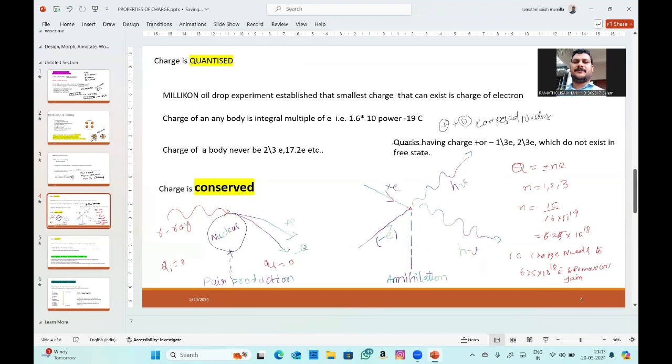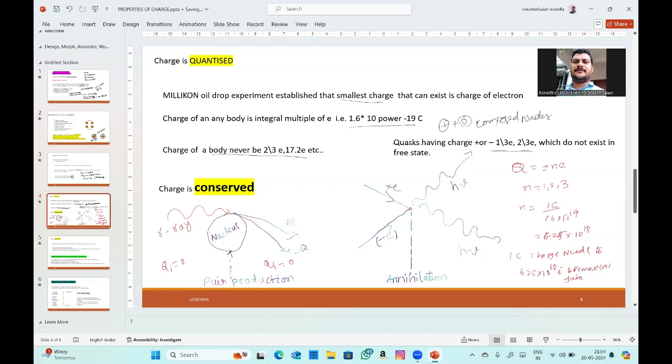Those have this type of charge, this ratio of charges. But in the free state, charge can never be in this form. It will be an integral multiple only, meaning an integral multiple of the charge of the electron, and the charge of the electron is the smallest charge in the universe. That is given by Millikan's oil drop experiment.